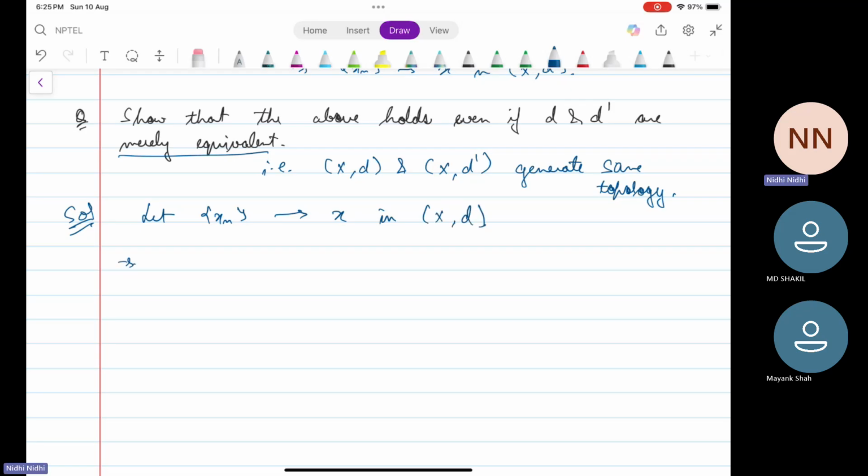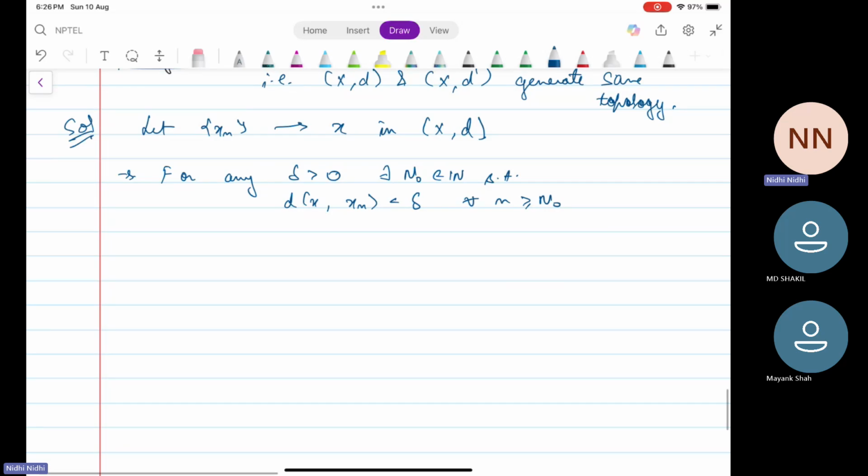This implies, by definition, for any delta positive, there exists a stage n naught in N such that d(x,x_n) is strictly less than delta for every n greater than or equal to n naught.